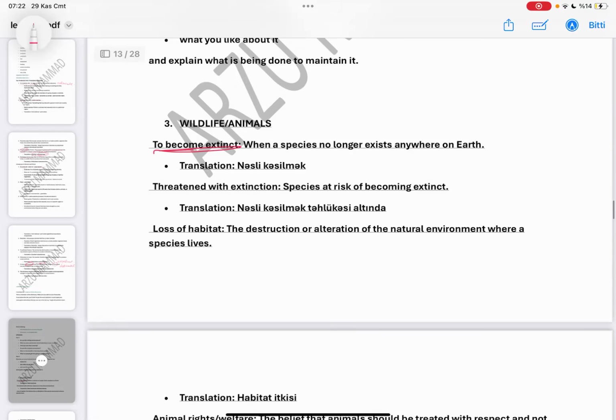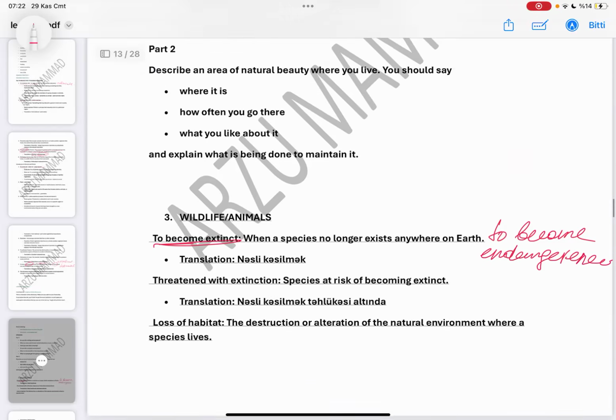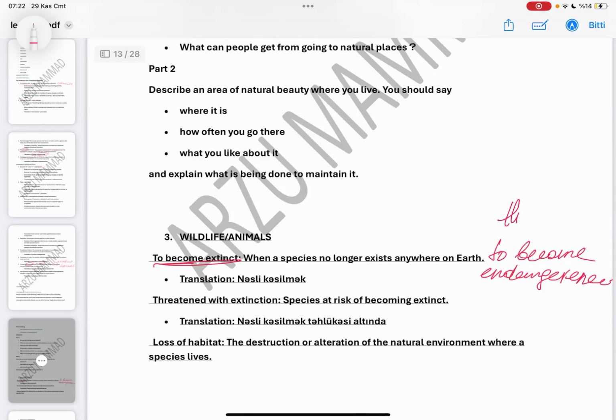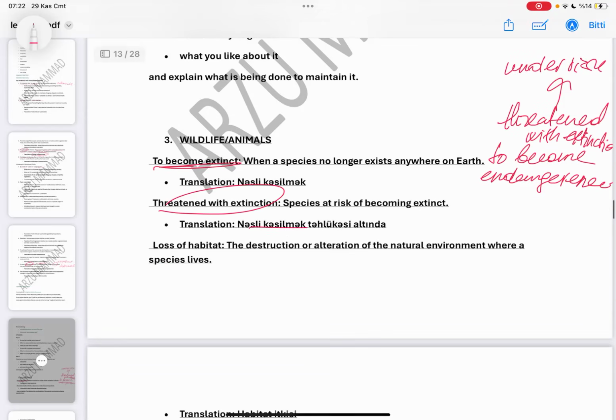Okay, to become extinct, to become endangered. Yes. And do you remember we had one more, threatened? Threatened with extinction. Threatened means under risk. Threatened with extinction, yeah, here.